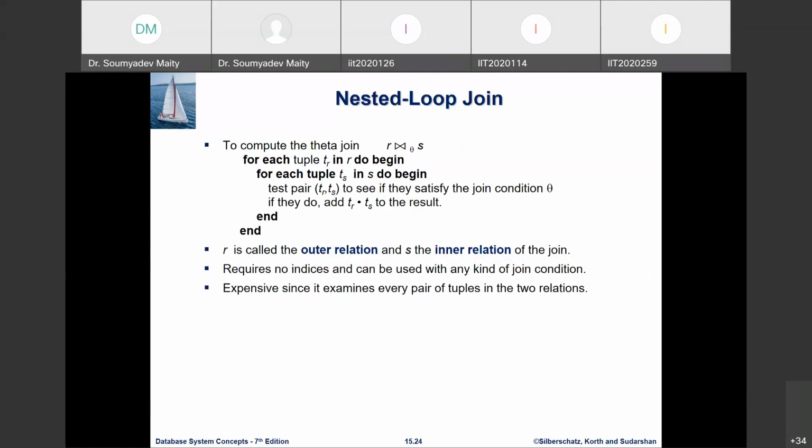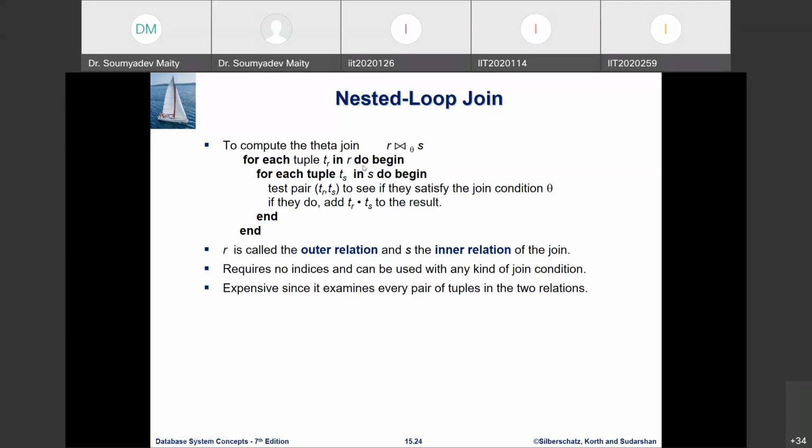Now see, in C programming you have learned a loop inside another loop is called a nested loop. That's why the algorithm name is nested loop join. And you have also learned that this loop is called the inner loop and this loop is called the outer loop. So the relation that you use in the inner loop is called the inner relation and the other one is called the outer relation.